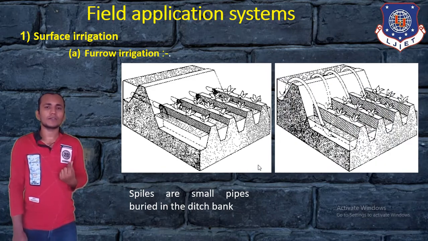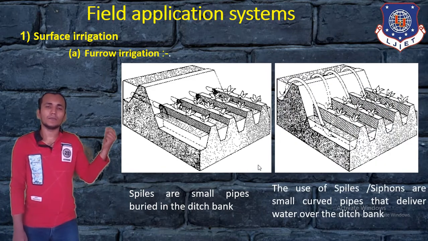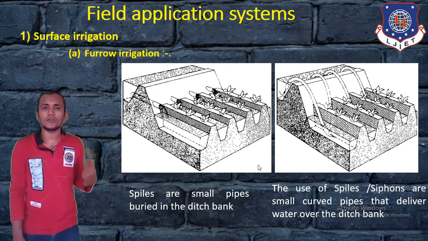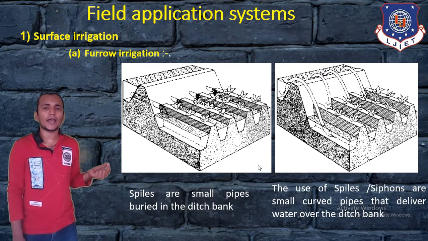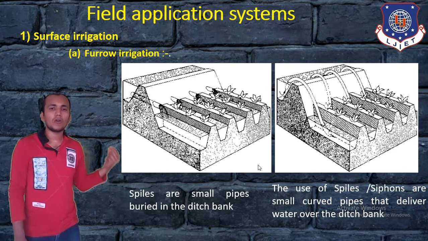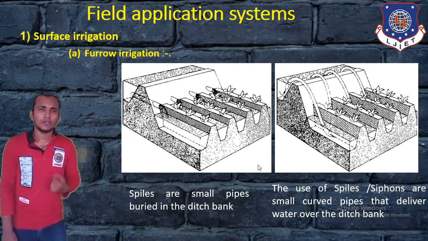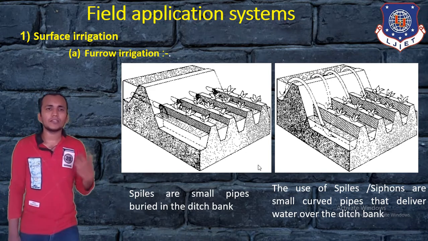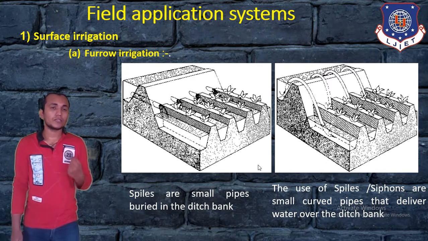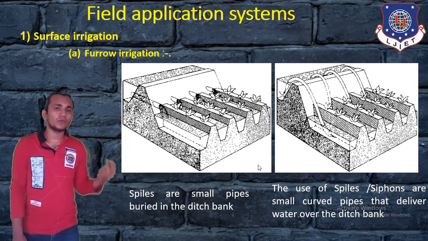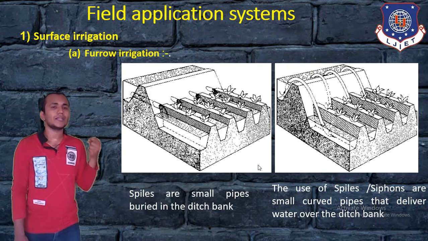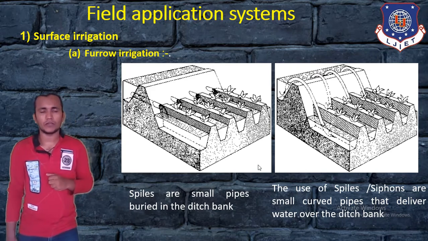Then another way to supply water is by flexible pipes. Here we can use siphons, small curved pipes that deliver water over the ditch bank. So that is another way to supply the water to our crop. Those are the types of furrow irrigation, and furrow irrigation is a type of surface irrigation.